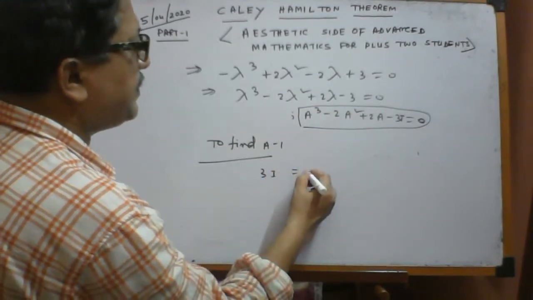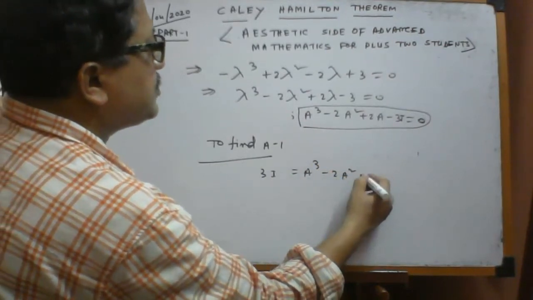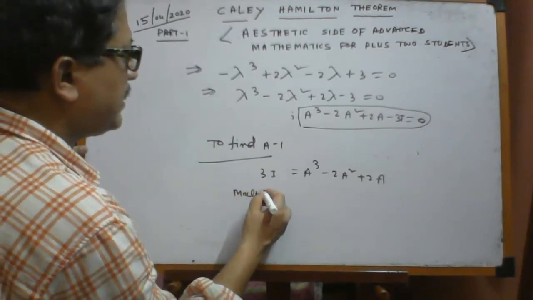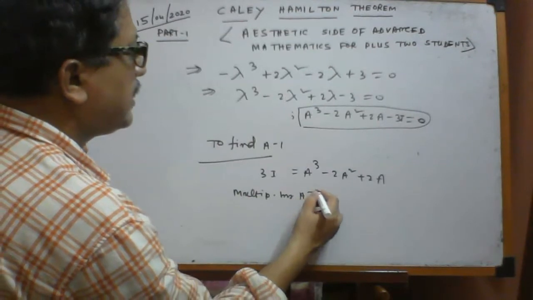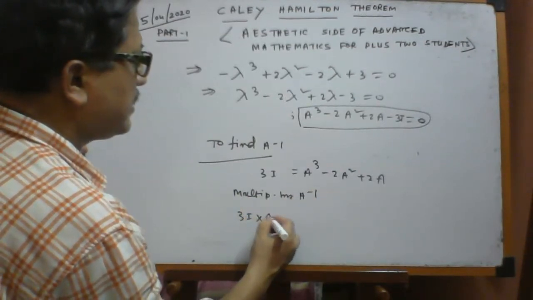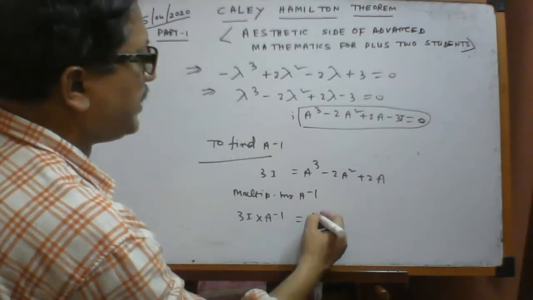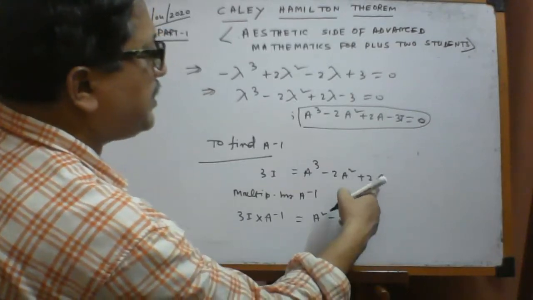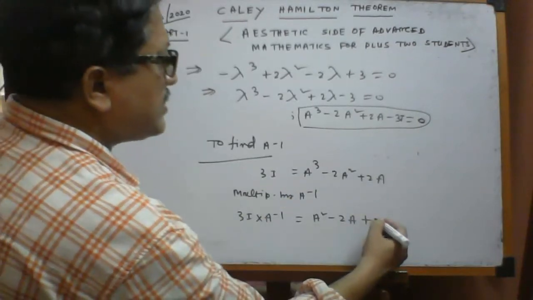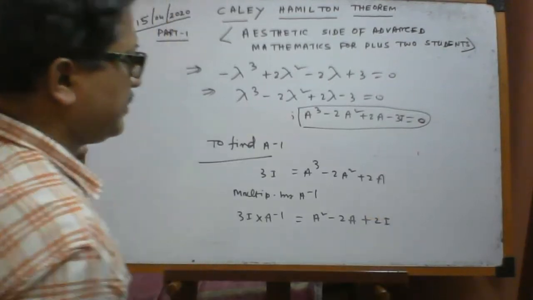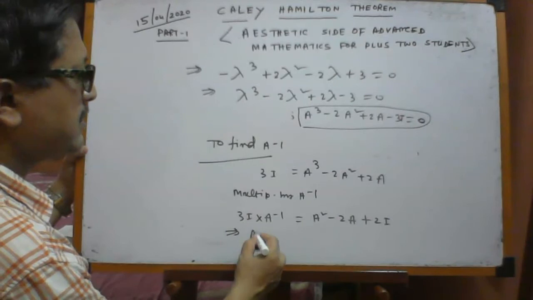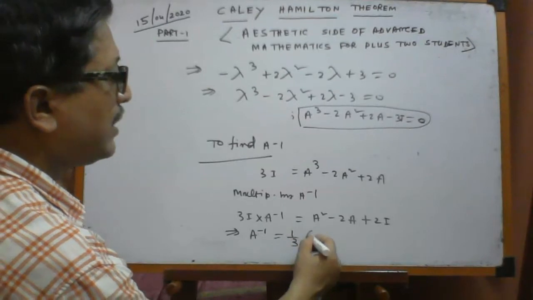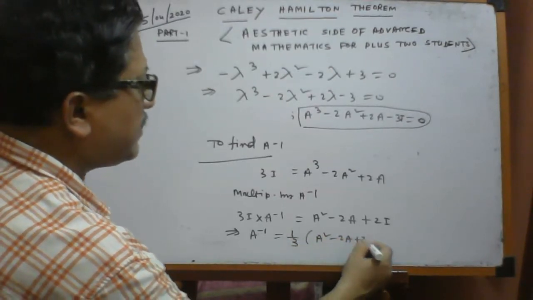Then 3I will give you A cube minus 2A square plus 2A, multiplying both sides by A inverse. 3 into I into A inverse is going to be A square minus 2A plus A into A inverse, that is 2I. So this gives us A inverse equal to 1/3 of A square minus 2A plus 2I.